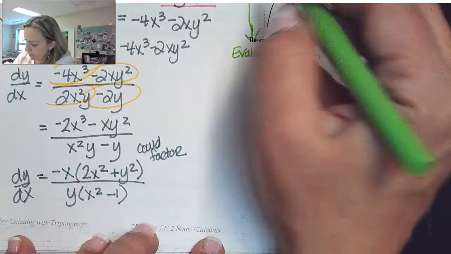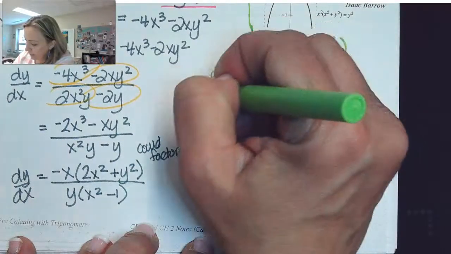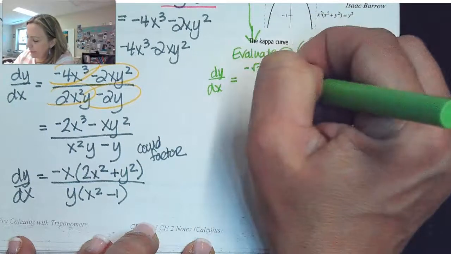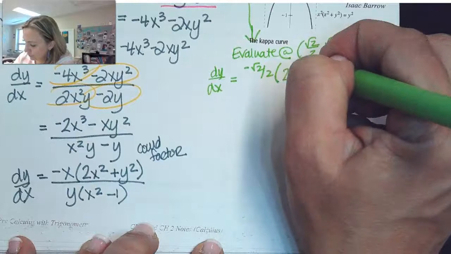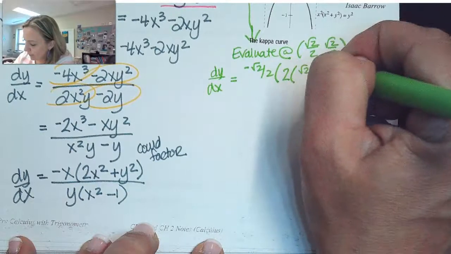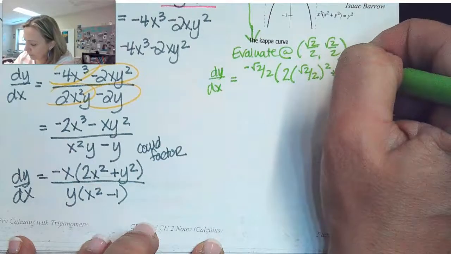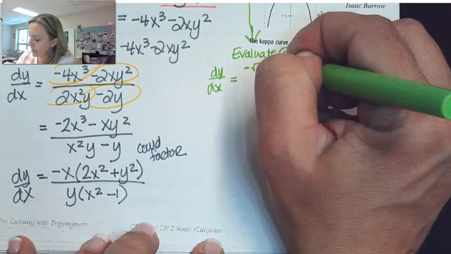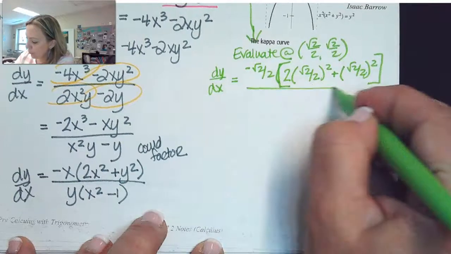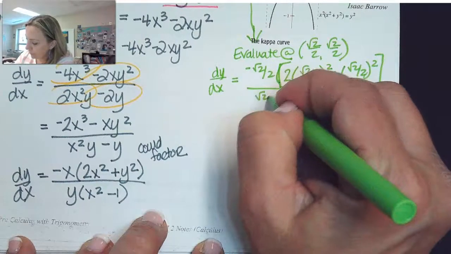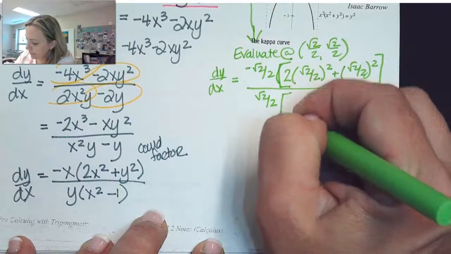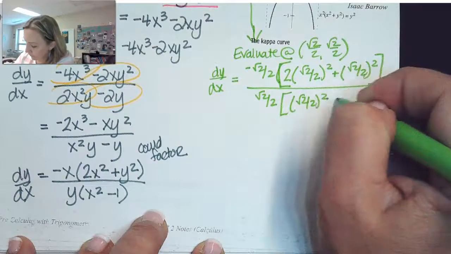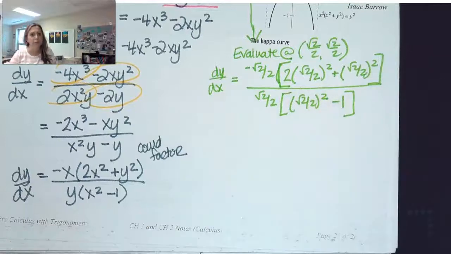So our dy/dx is going to be negative root 2 over 2 times 2 times root 2 over 2 squared plus root 2 over 2 squared, over root 2 over 2 times root 2 over 2 squared minus 1. It's a lot of root 2 over 2's.